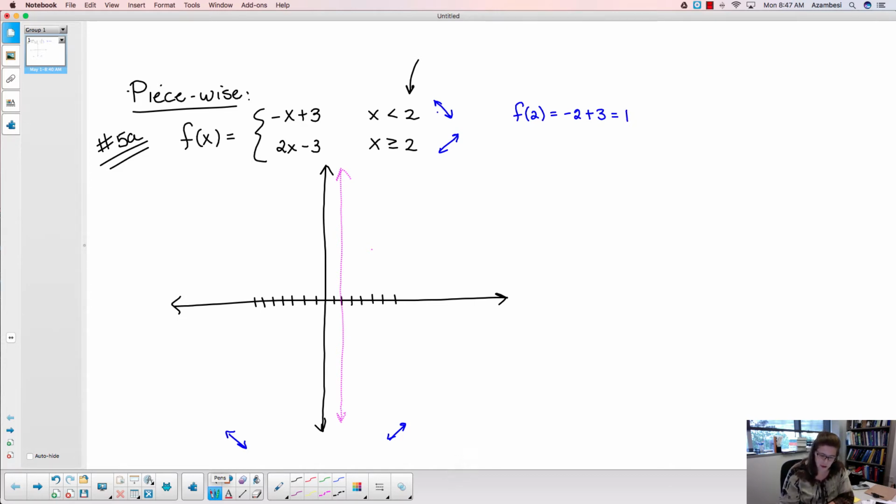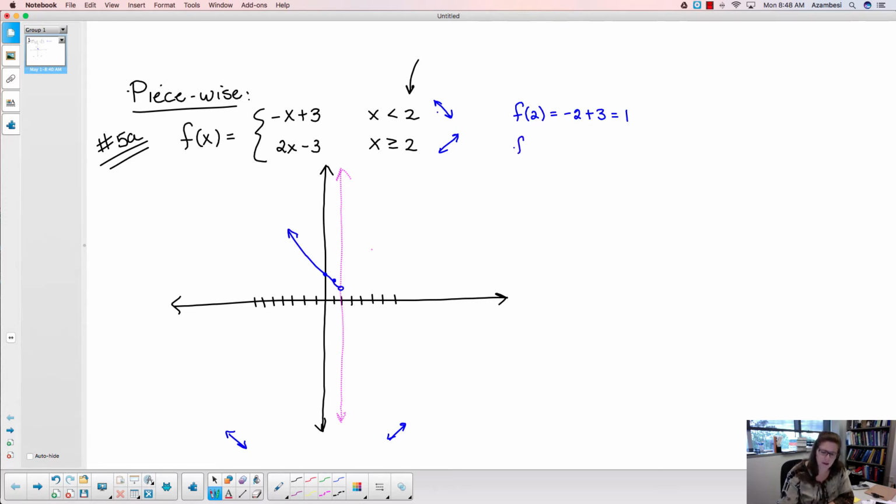So here I have an open circle at the point 2, 1. So there's our point. Now I can just count the slope for this line. So this is a slope of negative 1, which means that I would go up 1 over 1 to get to the next point, up 1 over 1 to get to the next point, and so on. So I've got a line that looks something like this.